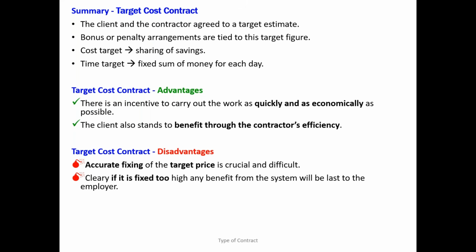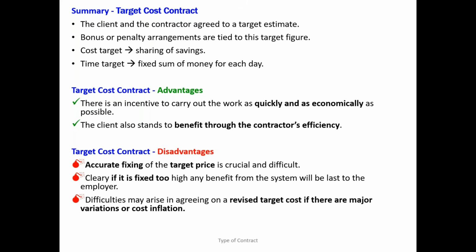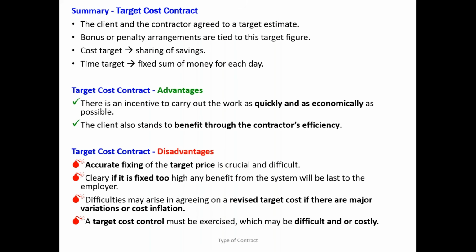And if you fix the target cost too high, then it is not worthwhile for the employer. Therefore, major changes and variations are not entertained under the target cost. And cost control also should be done very carefully under the target cost. So it is very difficult compared to lump sum and remeasure.